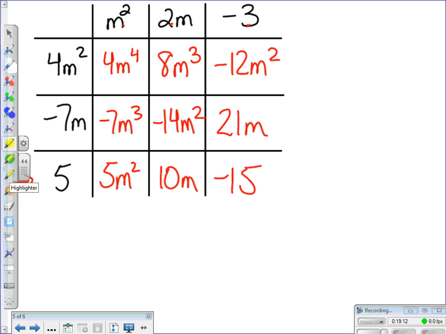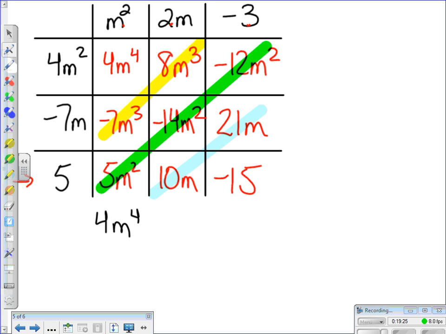So again, diagonal, diagonal, diagonal. First answer is up here in the corner in red, 4m to the 4th. And then diagonally in yellow, 8m cubed minus 7m cubed. 8 minus 7 is 1. So that's just 1m cubed.